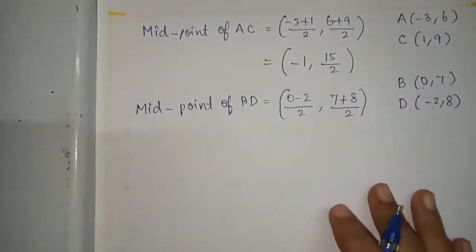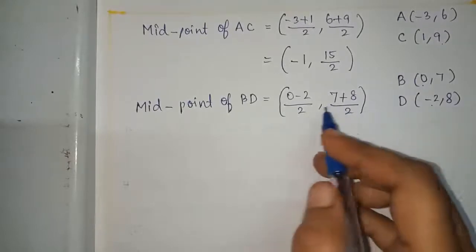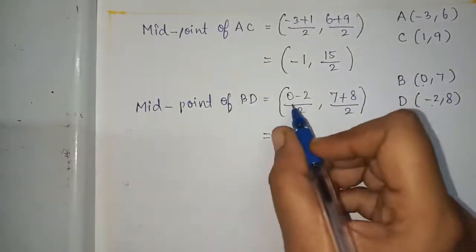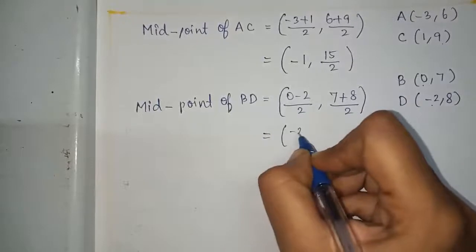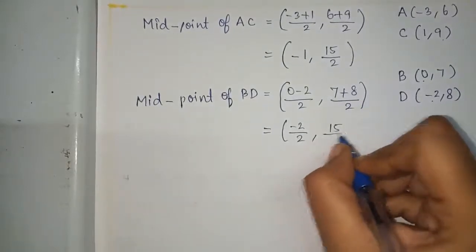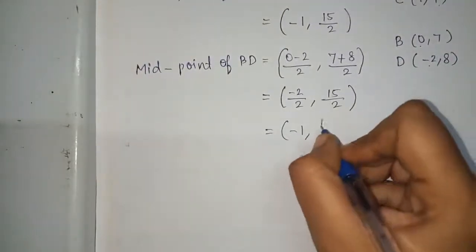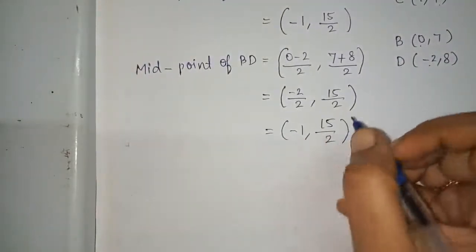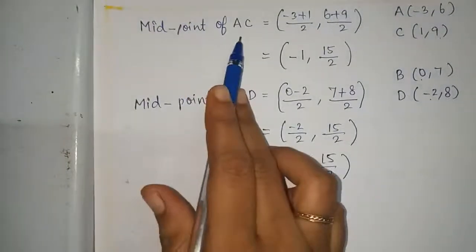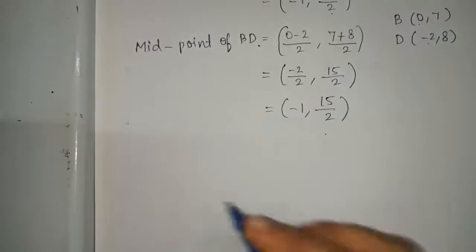Now we know the midpoint formula, so I directly substitute the values, which is equal to 0 - 2 is -2 divided by 2, 7 + 8 is 15 divided by 2, which is equal to (-1, 15/2). Now we see the midpoint of AC and the midpoint of BD both are equal.